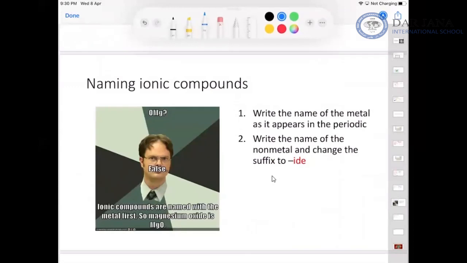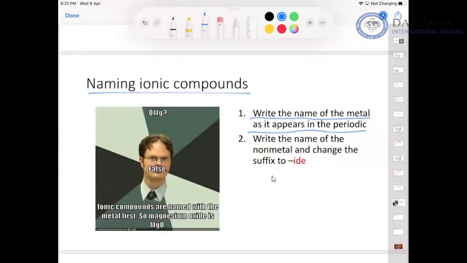Now, let's move on to naming the formula of ionic compounds, and actually naming the formula is easier than writing the formula. When you want to write the formula of an ionic compound, keep in mind you write the name of the metal first and then the name of the non-metal. Also, when you write the formula, it's metal and then non-metal. So you are going to write the name of the metal as it appears in the periodic table.